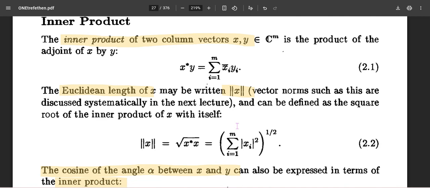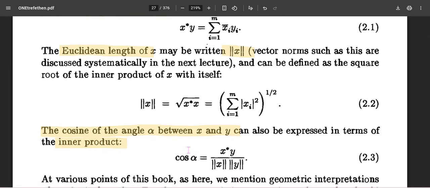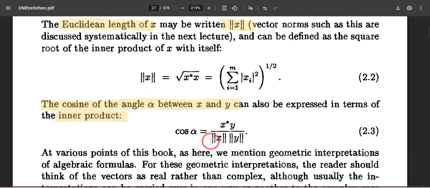The Euclidean norm of vector x is related to this inner product, and it is the square root of the inner product of the vector with itself. In the real case, for vectors x and y in n-dimensional space, the cosine of the angle between the two vectors is given by equation 2.3.